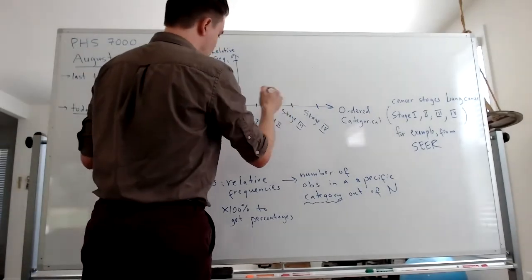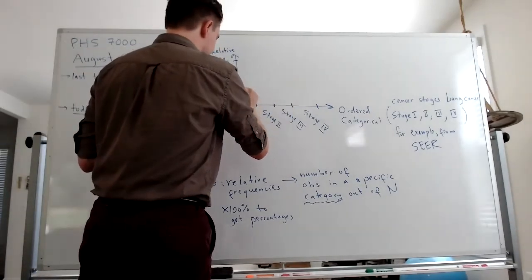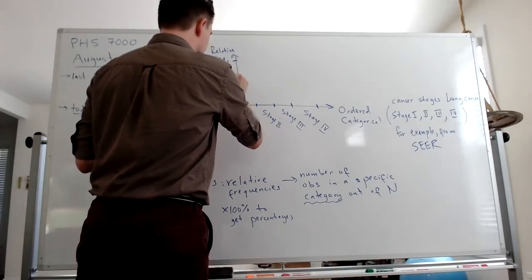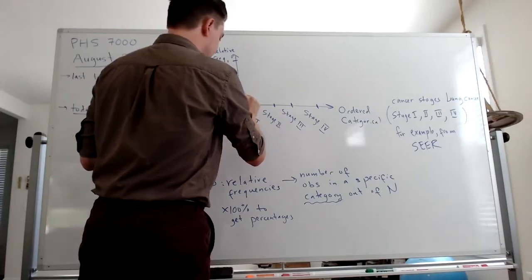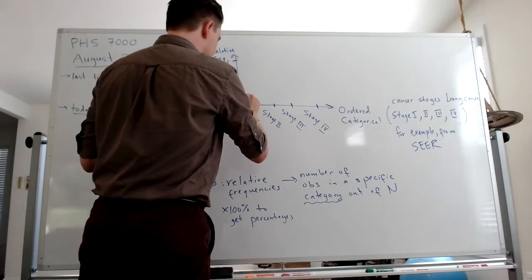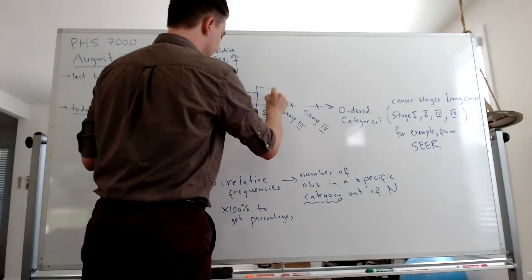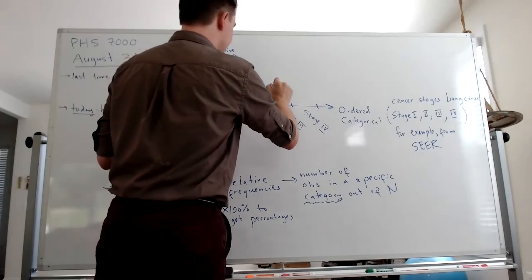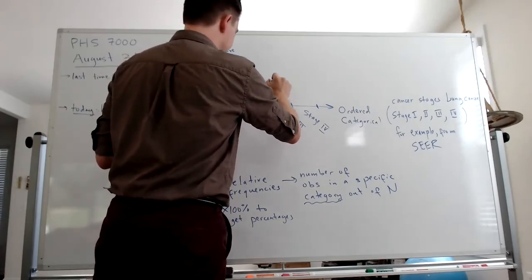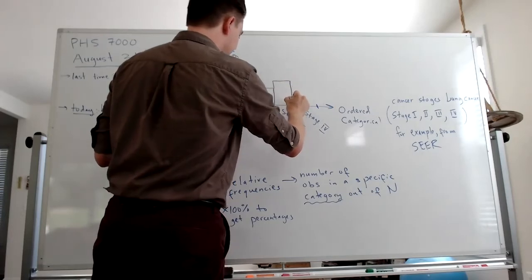And so what this might look like is, suppose maybe about 25% of the sample is stage 1, maybe a little bit more is stage 2, maybe the most common is stage 3.